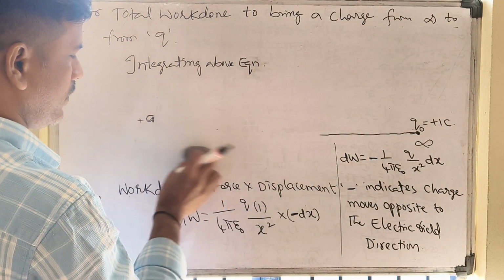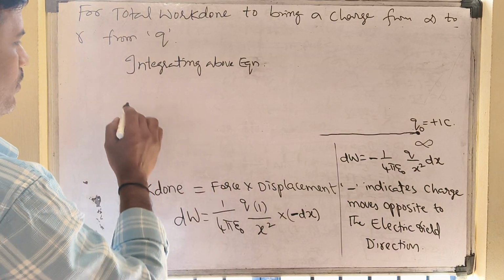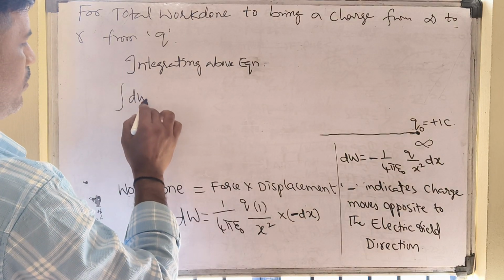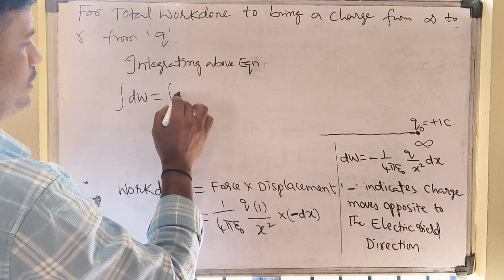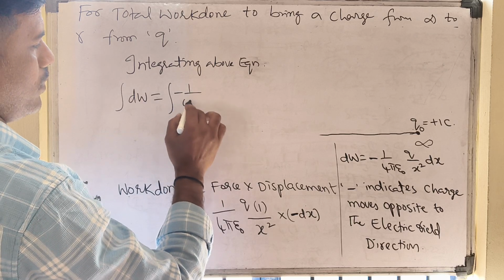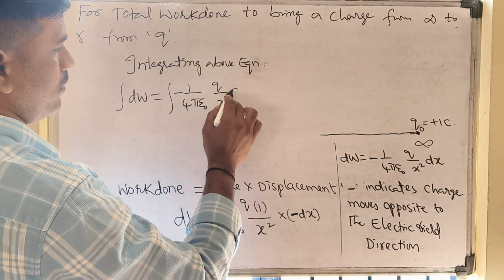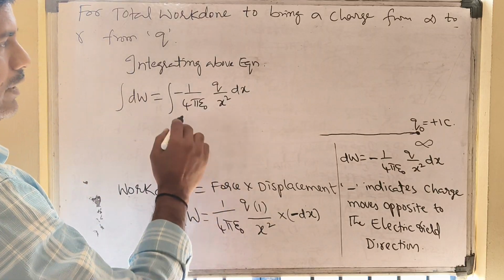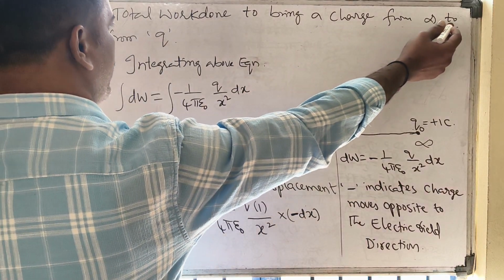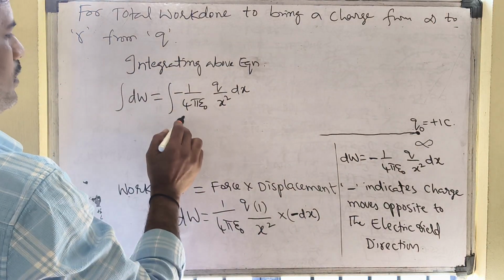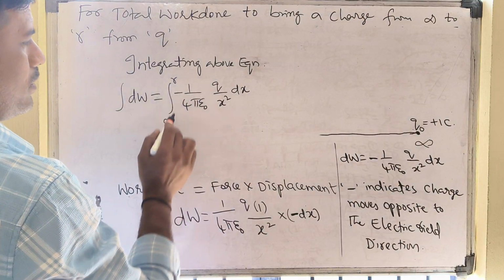Next, integrating the above equation means integral dW is equal to the integration of minus 1 by 4 pi epsilon naught q by x square into dx. From where to where is it brought? From infinity to distance r. So infinity to r.